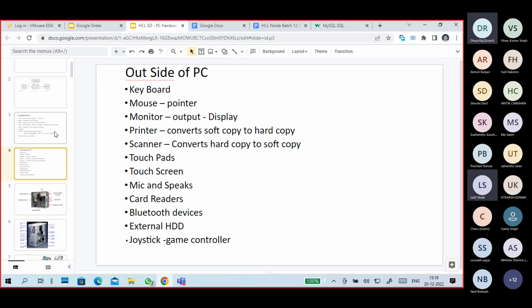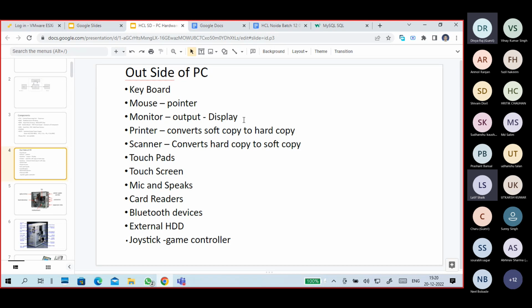Scanners convert a hard copy to soft copy. For example, you have your college certificate and want to send it to someone through email. What to do? You scan the document, so it converts into a soft copy. It comes into our PC as a soft copy, and we can forward it, right? So that's what printers and scanners do.